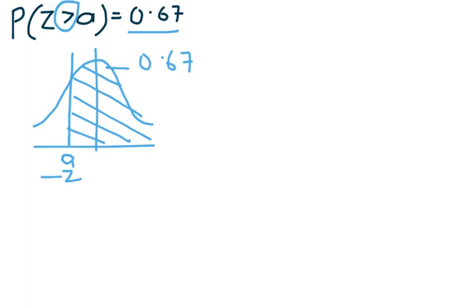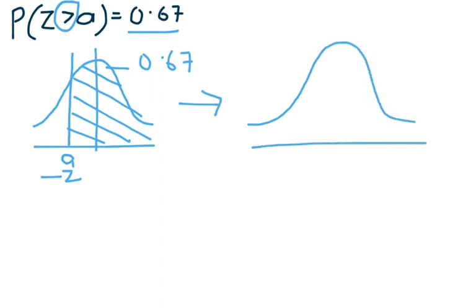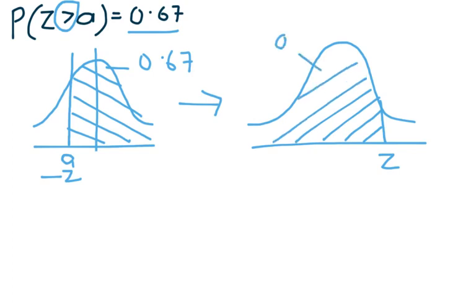We don't have any negative Z value in our table. So when we have negative Z, we need to flip our distribution into the positive side. When we flip, we have our distribution on the right side of Z, but now the shaded area is less than the Z value, and this shaded area is still 0.67 probability.